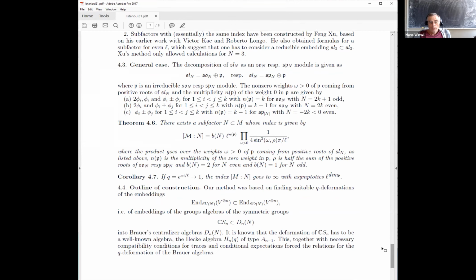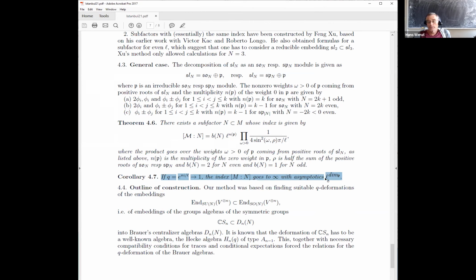So, and again, here one can calculate the... sorry, okay. Maybe one thing I just want to say here in the corollary is that if q approximates 1, then the index will go to infinity, as it should be, because in the classical case, these are both infinite groups, SU(N) and SO(N), with index infinity.